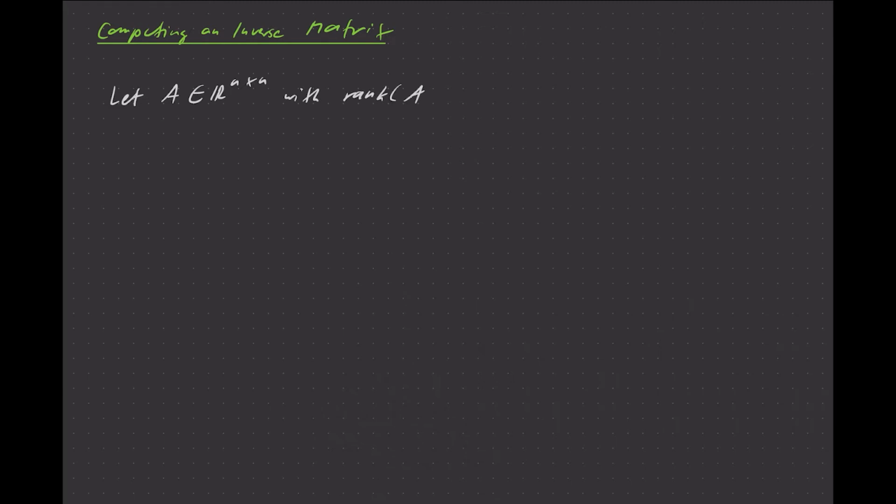Otherwise, we know it cannot be inverted. So let's assume it has rank n. We want to find a matrix B with A times B equals the identity.